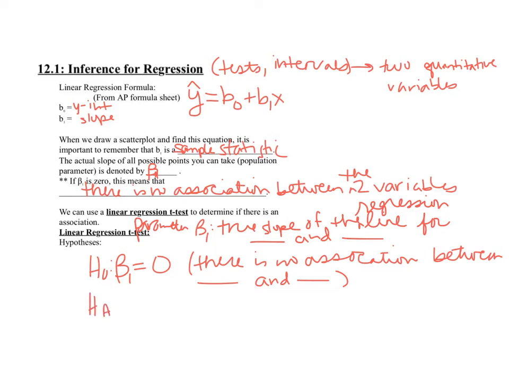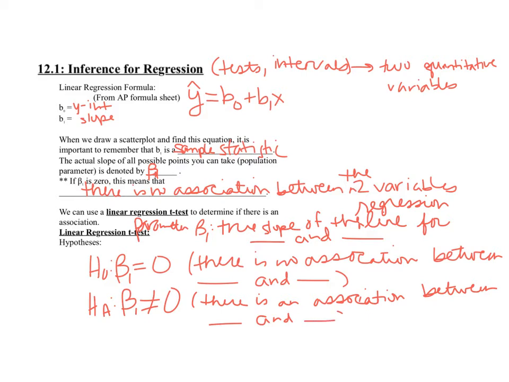In this case, HA is that beta sub 1 is not equal to 0. There are occasions where you do greater than, but almost always it's just not equal to. For this one, you would say there is an association. My recommendation is that rather than defining the parameter, it's easier to just write the hypotheses in both words and symbols.